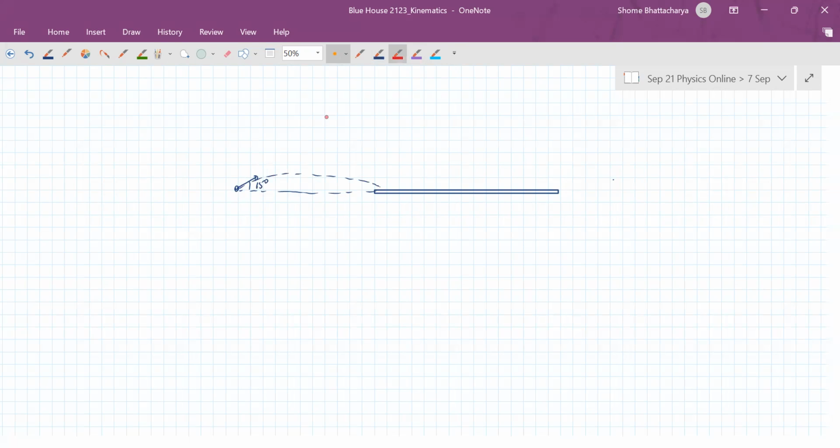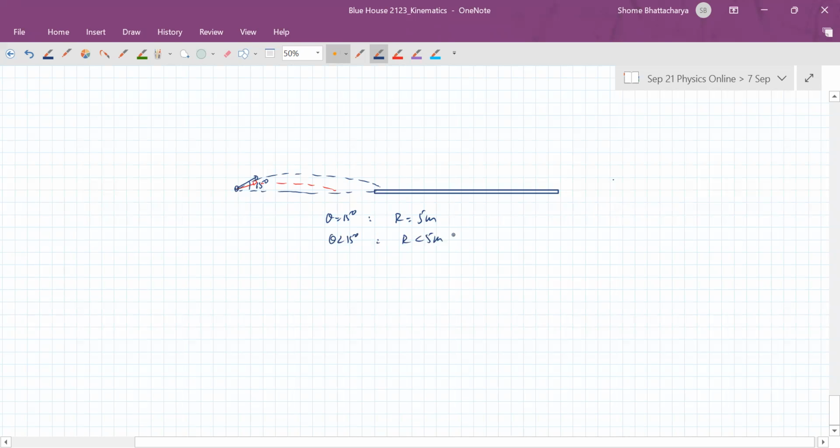So if I project at less than 15 degrees, it's not going to work. Theta equal to 15 degrees, the range is 5 meters. Theta less than 15 degrees, the range is less than 5 meters. So this is not going to work.